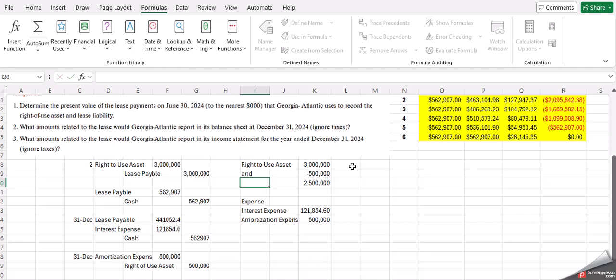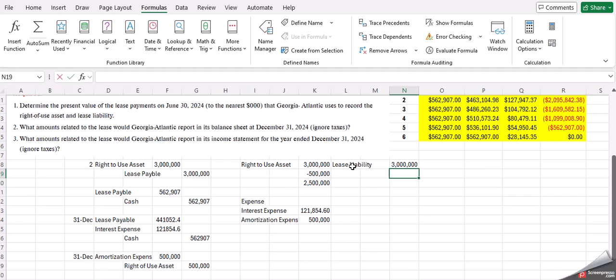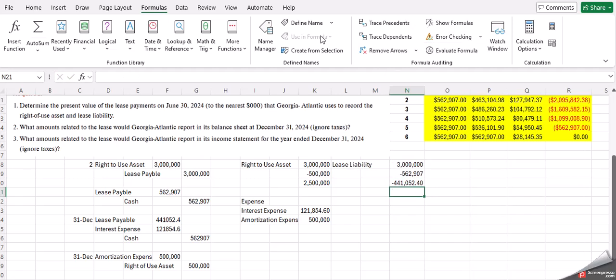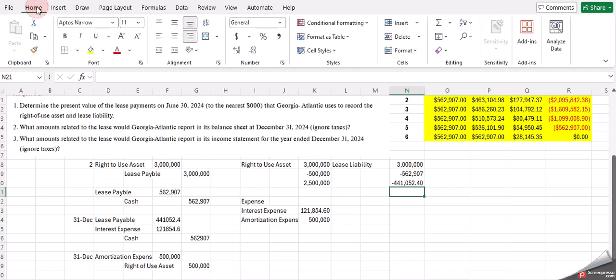The lease liability would have started at the $3 million, and then we would have reduced it by 562,907, and then we would have reduced it by the 441. So that would be our balance in that lease liability at the end of the year.